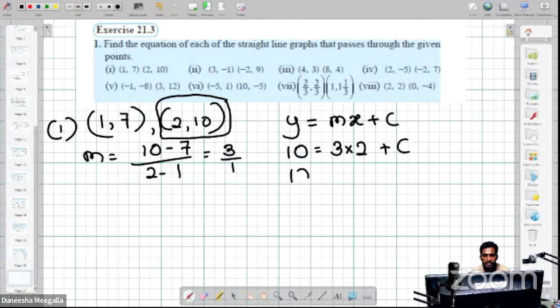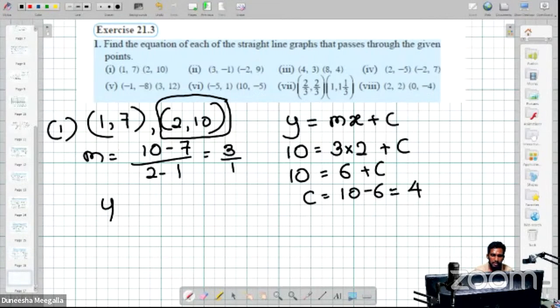So 10 equals 6 plus c. c is 10 minus 6. What is the answer? 10 minus 6 is 4. Did you see the answer?